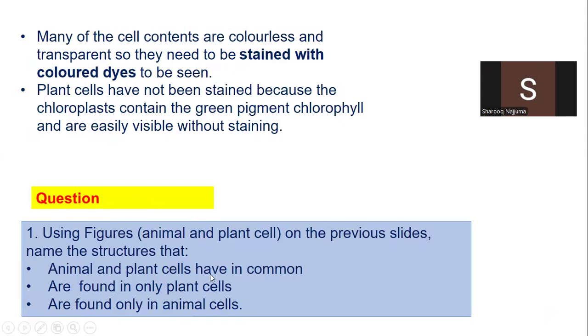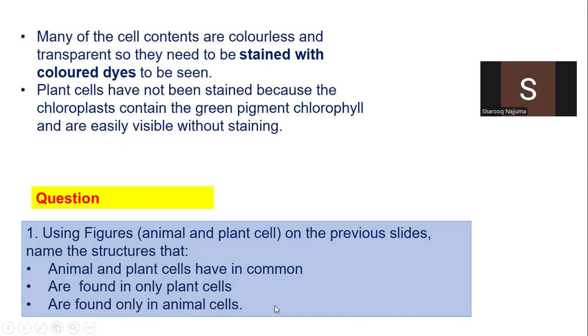So I'm posing a question for you, basing on the structure of an animal and a plant cell on the previous slides that we have observed. Are you able to tell features that are common between animal and plant cells? Are you able to tell features that are found only in plant cells? Are you able to tell features that are found only in animal cells?